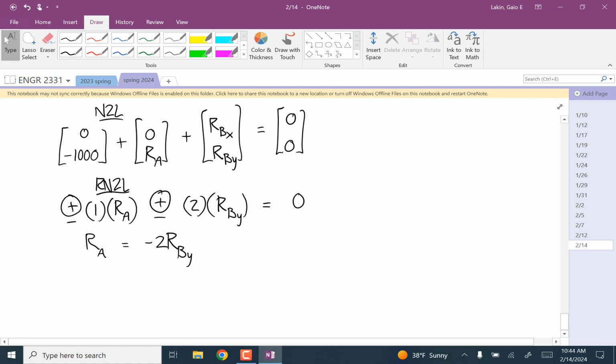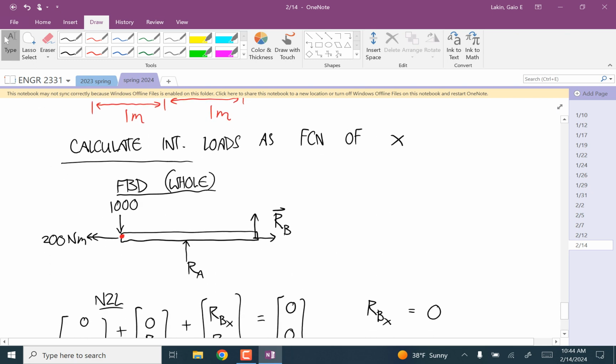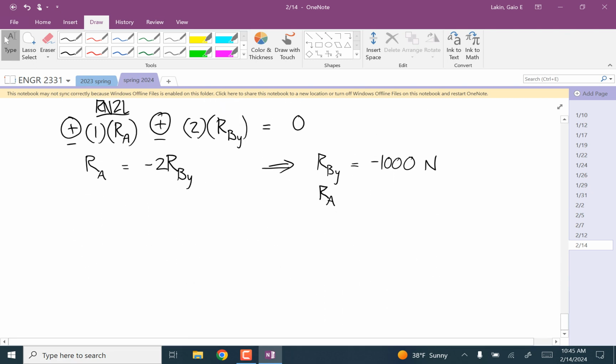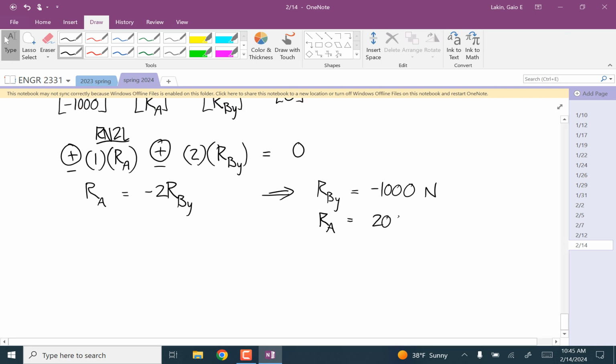So RBY is equal to negative 1,000. RBX up here you can see is equal to 0. And RA is equal to 2,000. Okay?